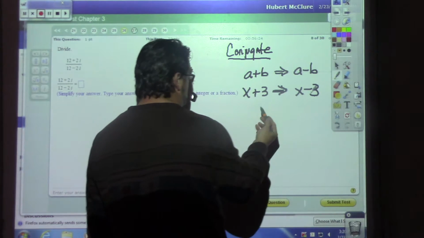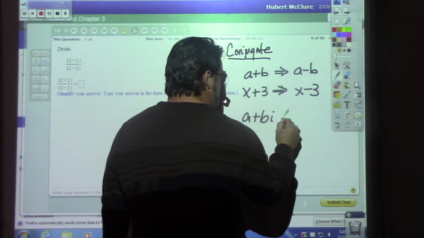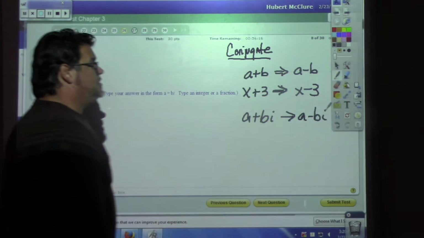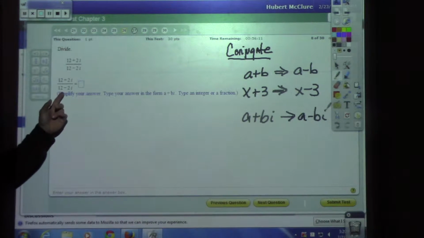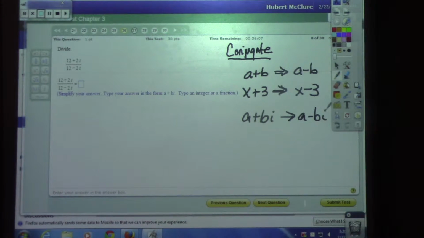And the conjugate of a plus bi is what? a minus bi. So you got to remember to use the conjugate whenever you can to rationalize the denominator. You don't care about the numerator. Now, in some instances in calculus, they ask you to rationalize the numerator. You got to watch the directions because sometimes they will ask you to do that.